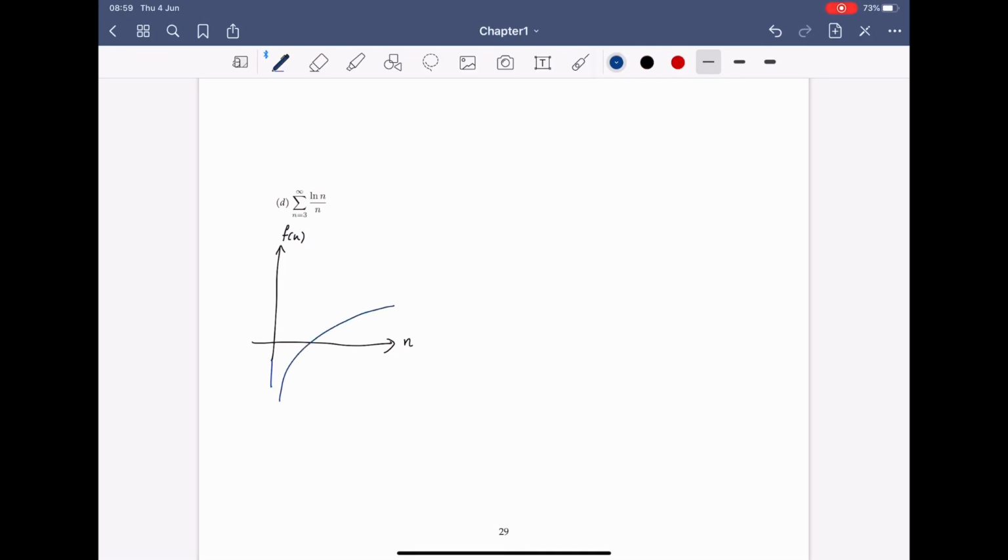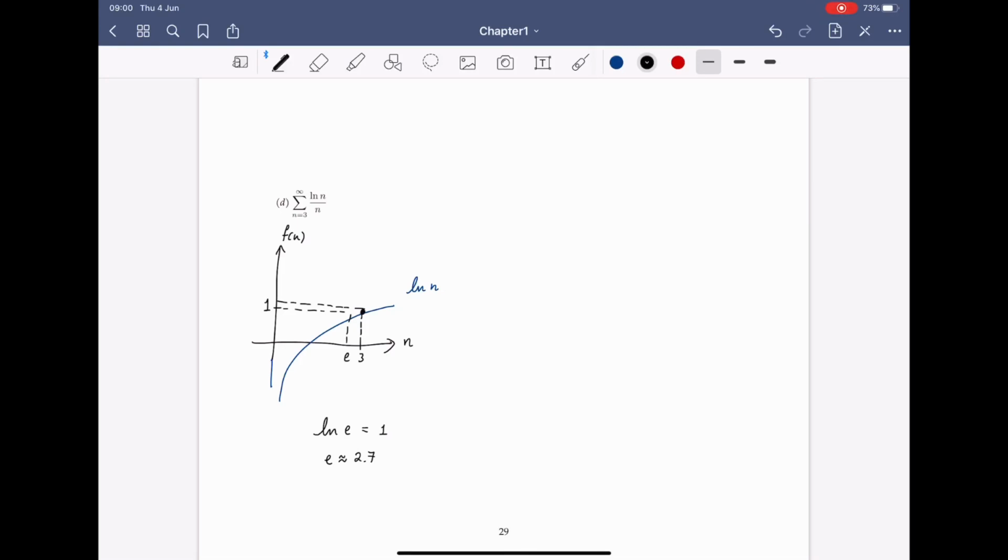You can see that when n equals e, the function is equal to 1 because log e equals 1, right? And e is approximately 2.7, right? And that means if you start from n equal to 3, this thing is gonna be a little bit above 1, right?